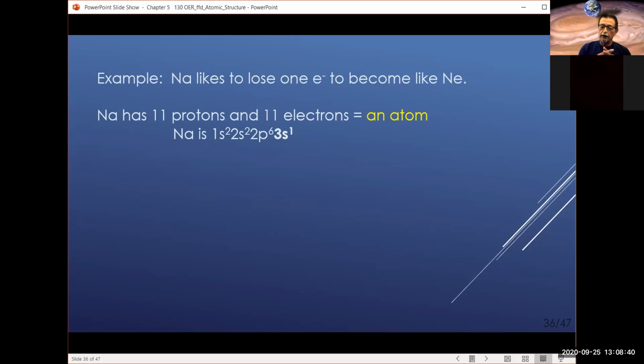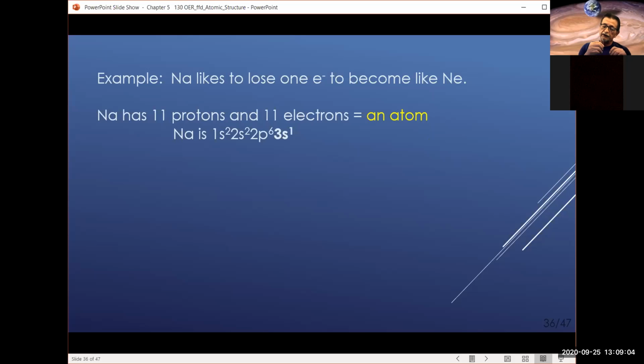Okay, now the second energy level, which corresponds to the second period in the periodic table, has 2 types of orbitals. They also have the S, but they also have the P. Now in the P, there are 3 P orbitals, and each one can handle a maximum of 2 electrons.